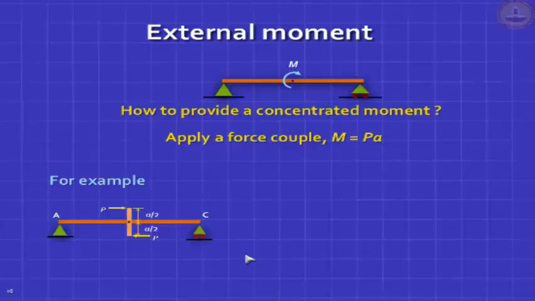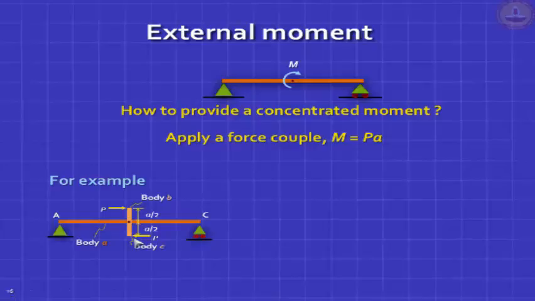Let me say I have a rigid vertical bar connected to this and I apply a force P on top, force P below on that bar, and this forces this bar beam AC to turn, and the distance of separation is a.